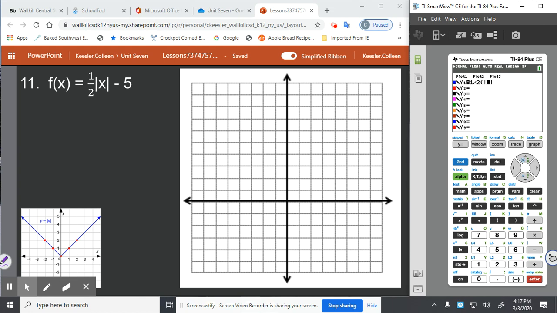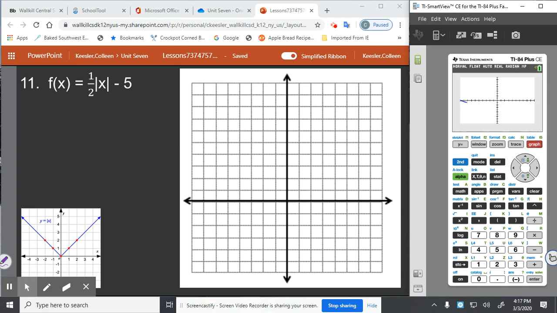And I'm going to put the x there. I'm going to close the parentheses in this case because I want to subtract that 5. Now, if your calculator did the fraction form for you, then you wouldn't have to put that absolute value in parentheses. But because mine did not make the 1/2 look like a fraction, I put it in parentheses just to be sure that it does show up that way.